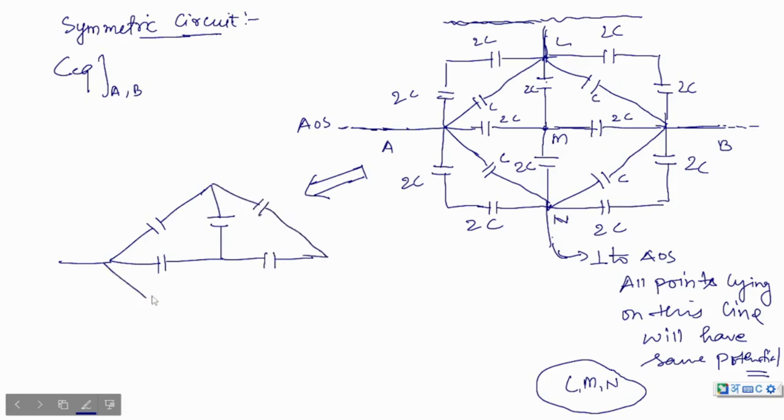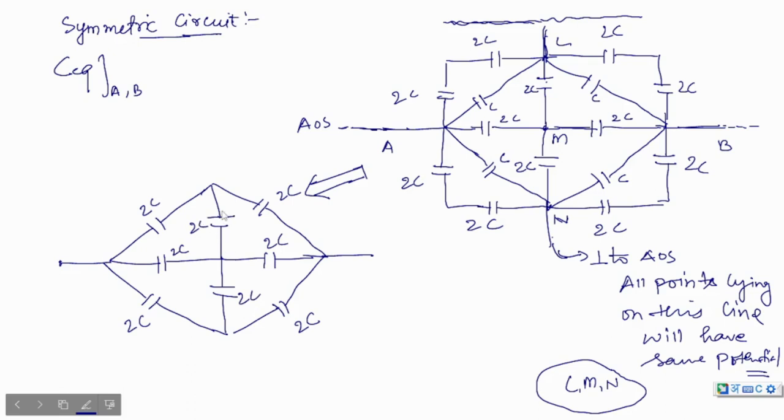This is the upper part, this is the bottom part. This 2C and 2C are in series, so their equivalent capacitance will be C, and C are in parallel, so this will be 2C. Similarly, this will be 2C, this will be 2C, this will be 2C, and the inside ones are C, 2C and 2C.